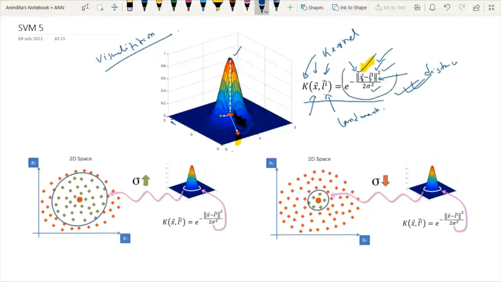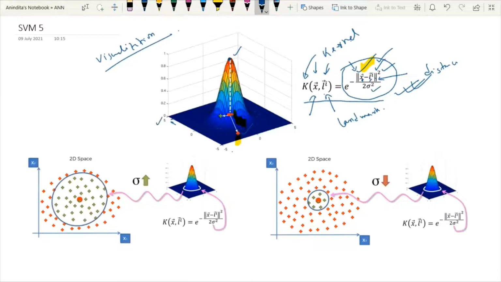So what do we get in this situation? Since the distance of the point from the landmark is large, this calculation is large. So we are calculating e to the power minus a large number, something similar to e to the power minus 1000. It is a very small number, close to 0. My point is, whenever a point is far away from the landmark, we get pretty much 0 value on the vertical axis.